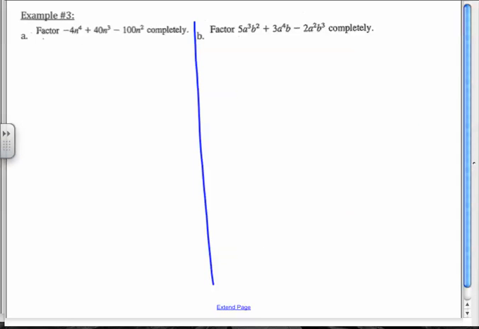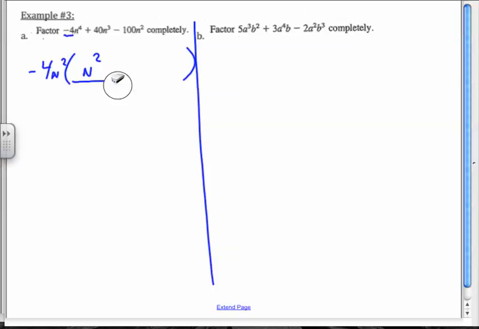Okay, guys, if I ever have a negative in front, I definitely want to pull out the negative. And I also see that 4 goes into all of those things, and that n squared goes into all of those things. So now I need to say negative 4n squared times what gives me negative 4n to the fourth? Well, n squared.